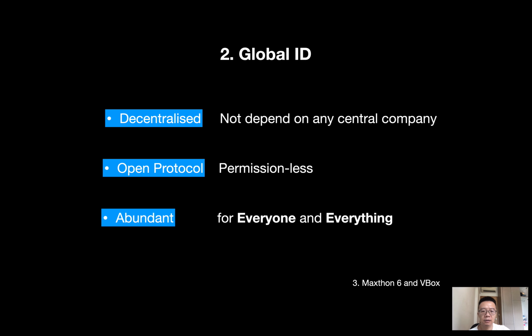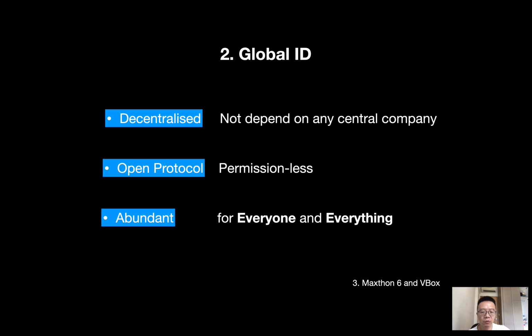Okay, let's come back to the slide. Let's summarize. Now we know NBdomain is a decentralized domain system, and we can also use NBdomain as a global ID to log in to different applications.